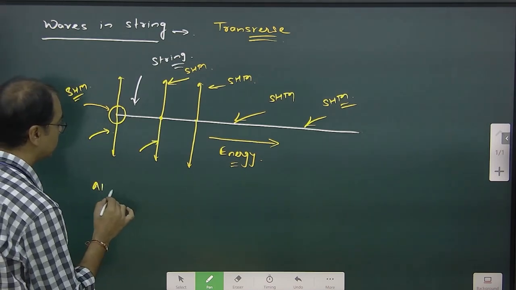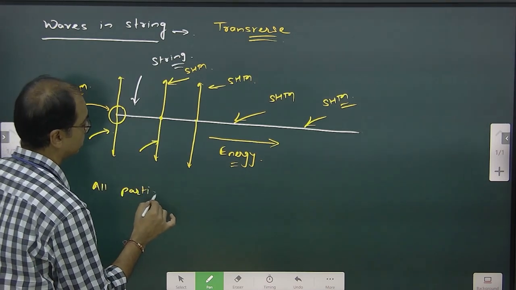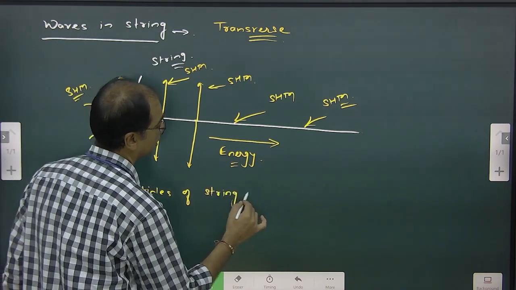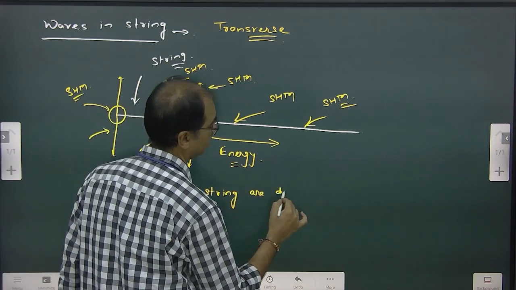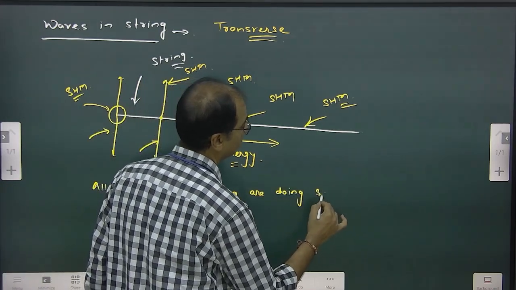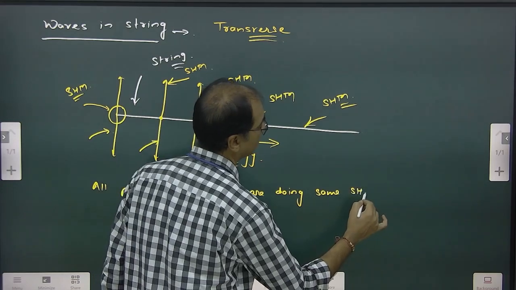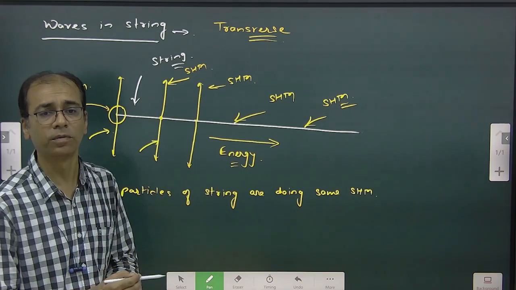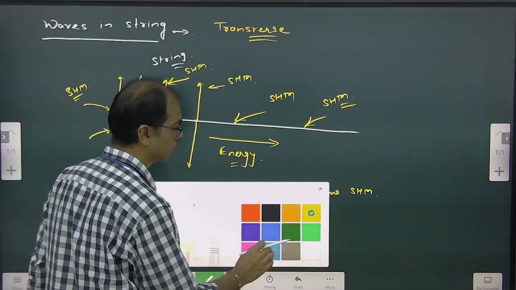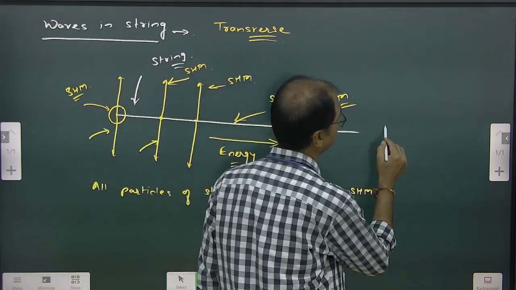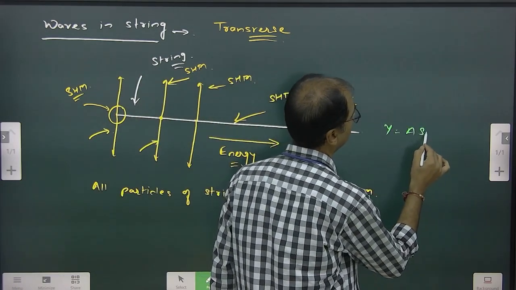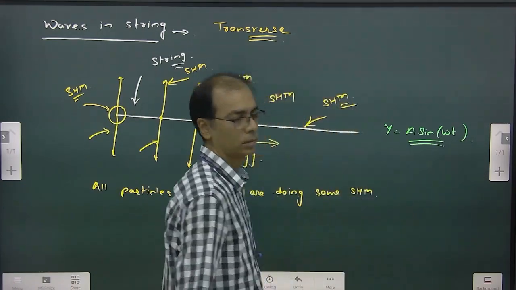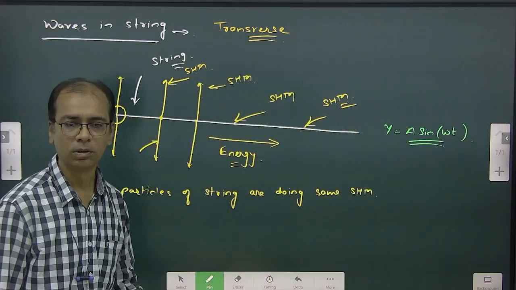All particles of the string are doing the same SHM. Same SHM means, if I quote the equation of SHM that we have studied, we say that it is y equals A sine omega t, where A is the amplitude and omega is the angular frequency.